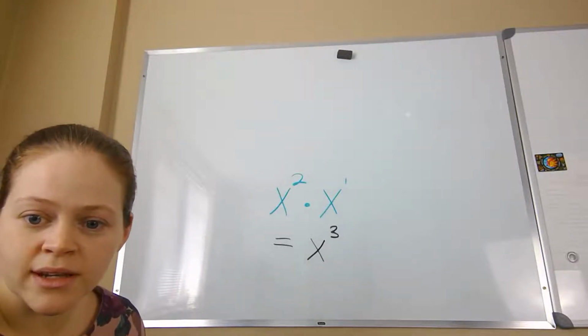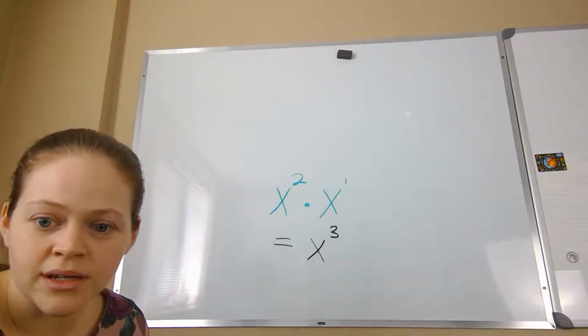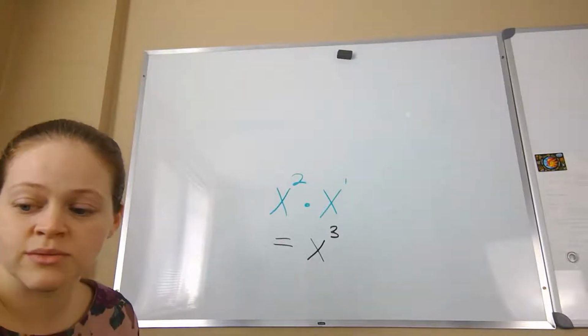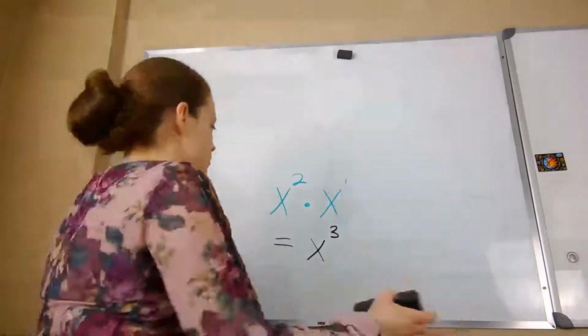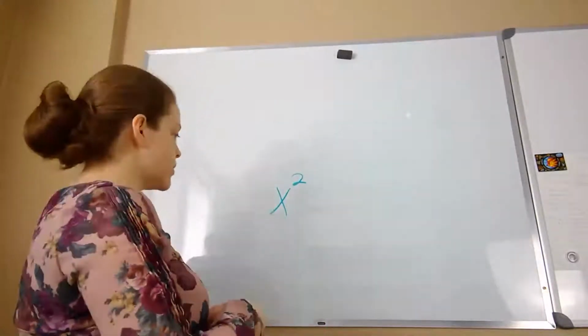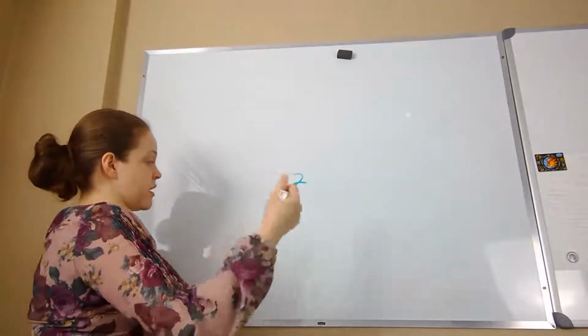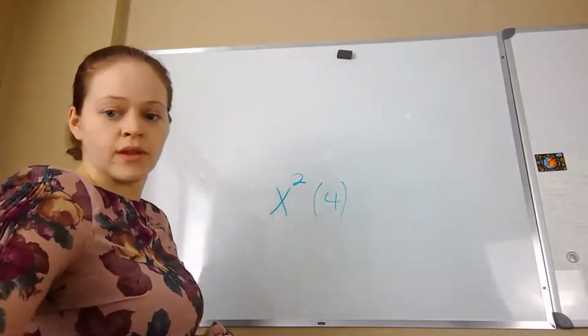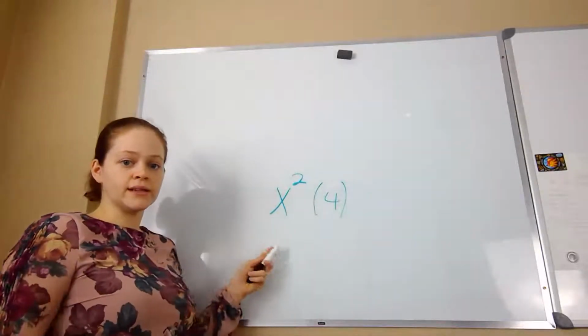So if I was multiplying an x squared by a number with no variable, would that have an x or an x squared? Okay. So if you have x squared times, like, 4, there's no x here.